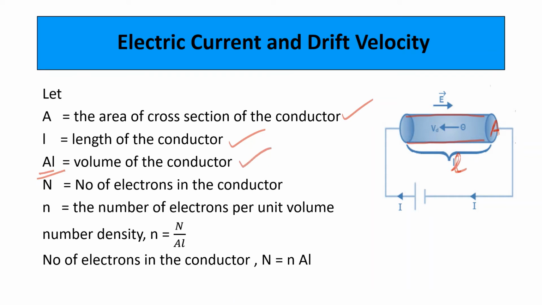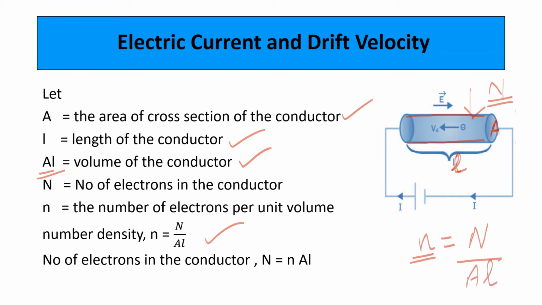Let capital N be the number of electrons in this conductor, and small n is the number of free electrons per unit volume. This small n is also known as number density. Small n is equal to capital N divided by AL.